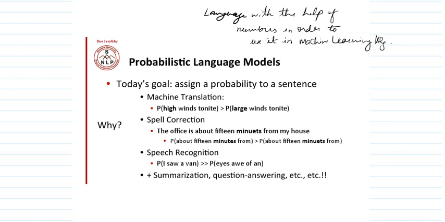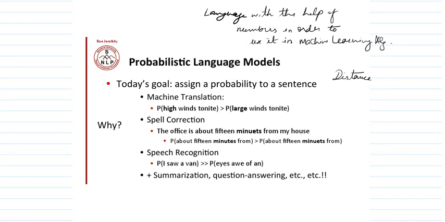One question you might have is that in the previous classes we did the maximum matching algorithm and the edit distance algorithm, and we could do all these things with the help of the edit distance algorithm. Edit distance is a distance based algorithm.